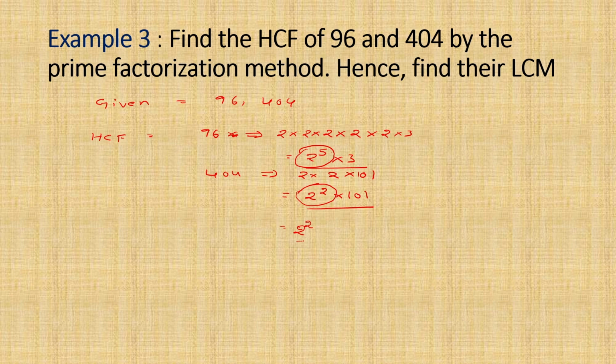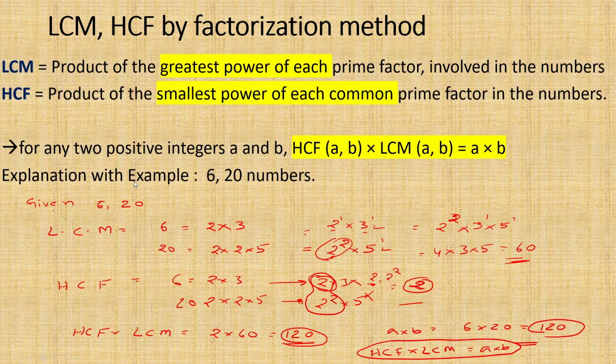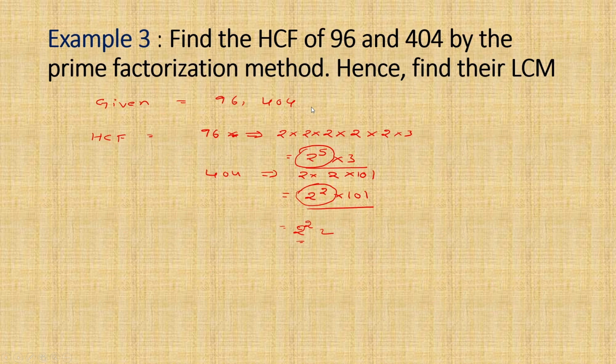Between 2 power 5 and 2 power 2, we need to take the smallest of the two. Here the HCF is the product of the smallest power of each common prime factor. The only common factor is 2, and the smallest power is 2 power 2.